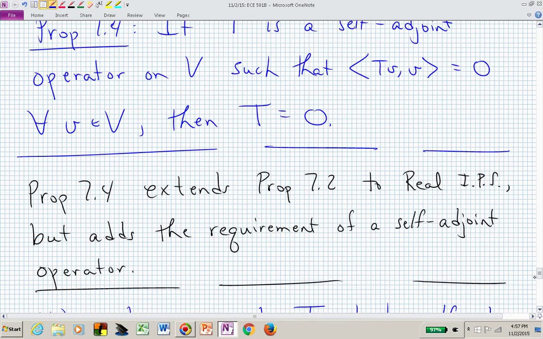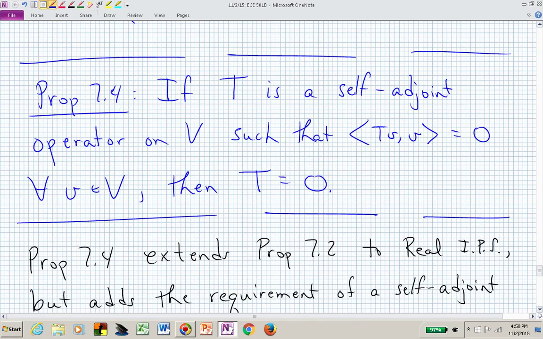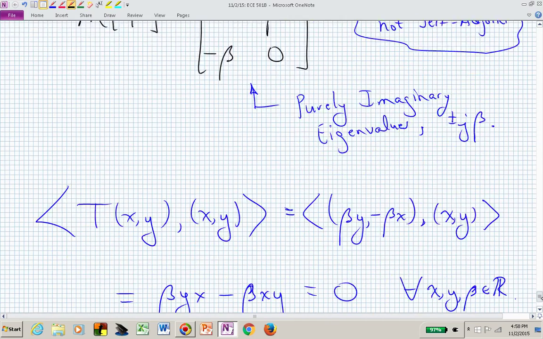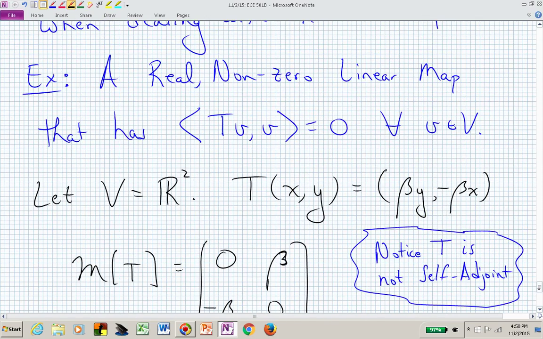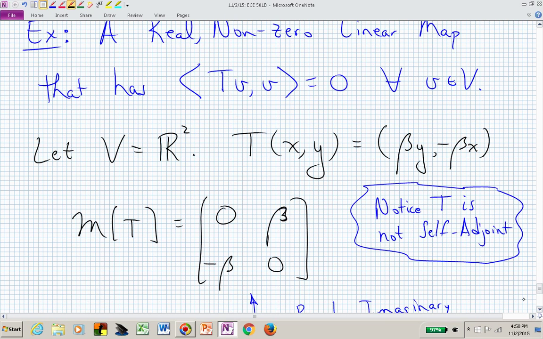So it's critical in proposition 7.4 that we have this self-adjoint property of that linear map in order to make this conclusion that the map T is equal to 0, or the 0 map. This example is trying to show a case that violates that, but it violates that because we created this map that was not self-adjoint.